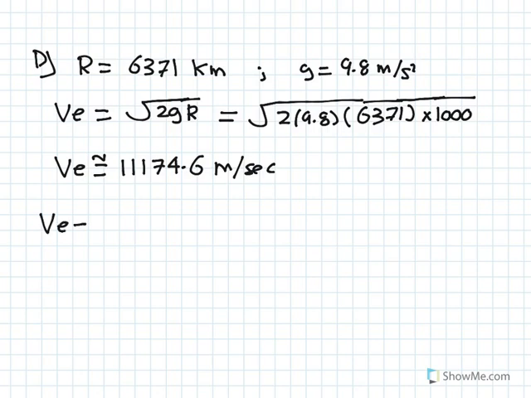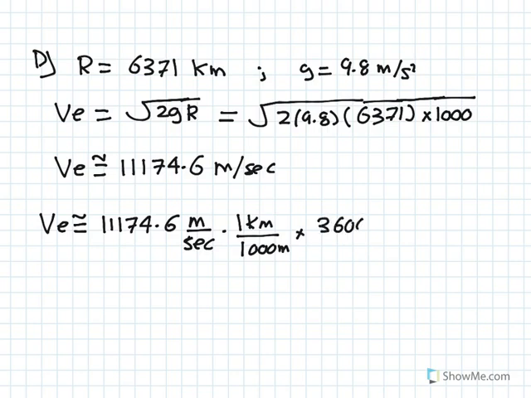So escape velocity is approximately equal to 11174.6 meters per second. There are 1,000 meters in a kilometer, so times 1 kilometer divided by 1,000 meters. And there are 3,600 seconds in an hour, so times 3,600 seconds in 1 hour.